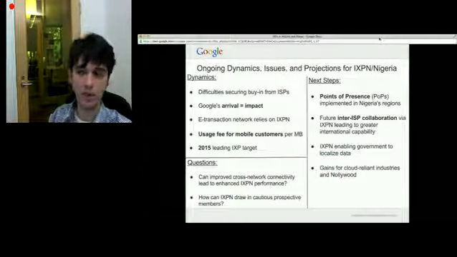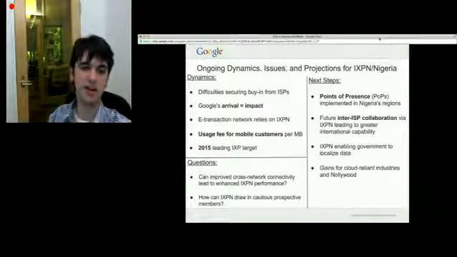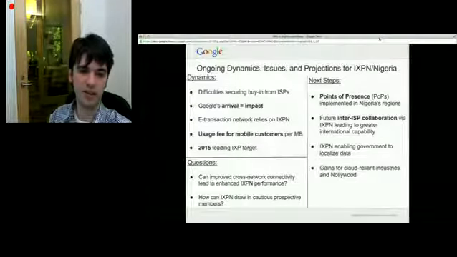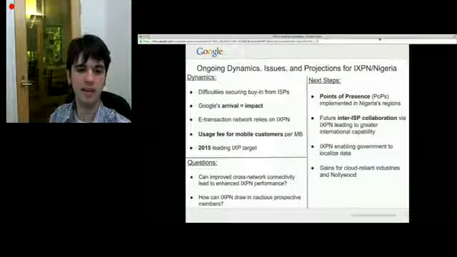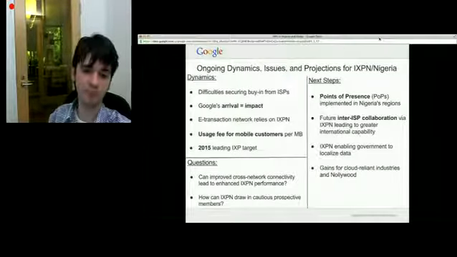What all the interviewees in the report, or many of them at the very least, have said is that Google's arrival and increased presence in the internet infrastructure, which occurred in the past years, really resulted in a tangible impact in the dynamics.